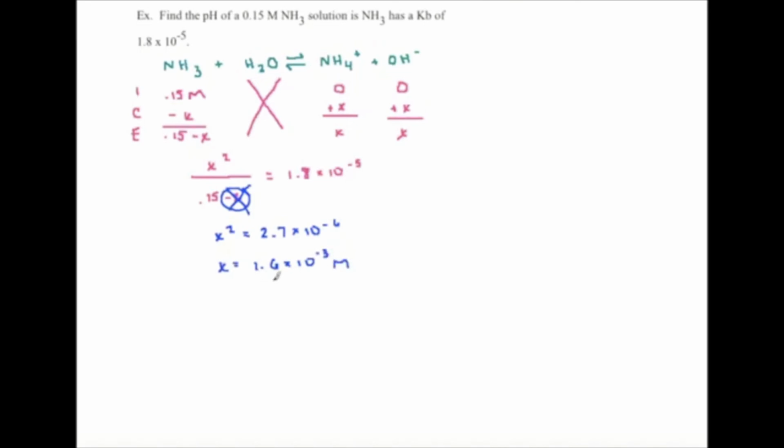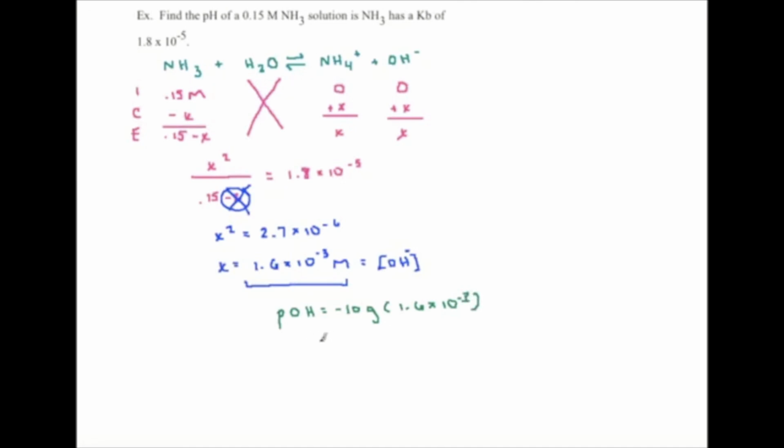molar. And so this is actually going to be my concentration. My X is my concentration of my hydroxide ions. And so what I can do is take that and plug it into my formula for pOH. I'm going to find the negative log of the 1.6 times 10 to the -3rd.